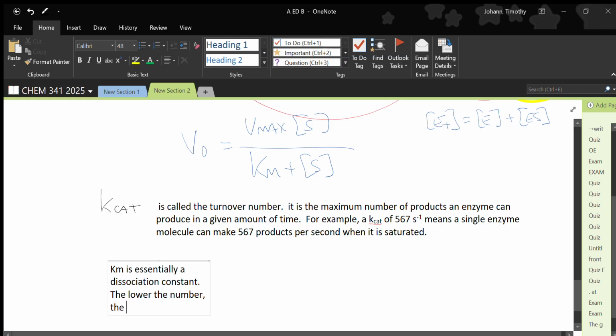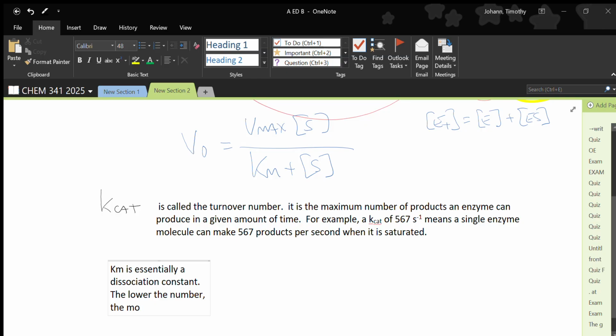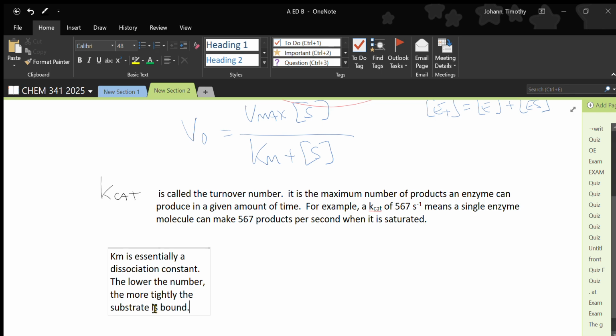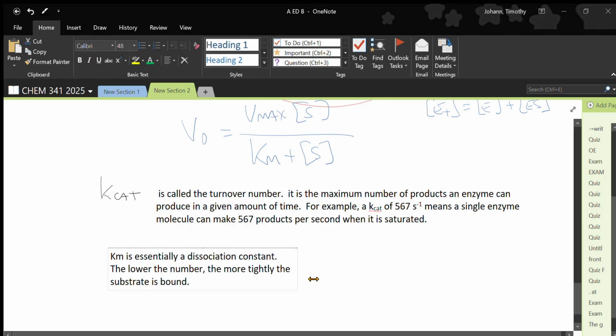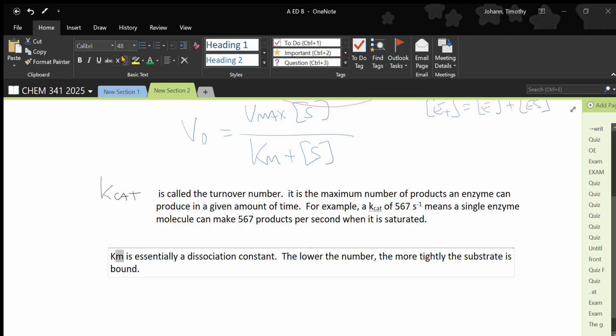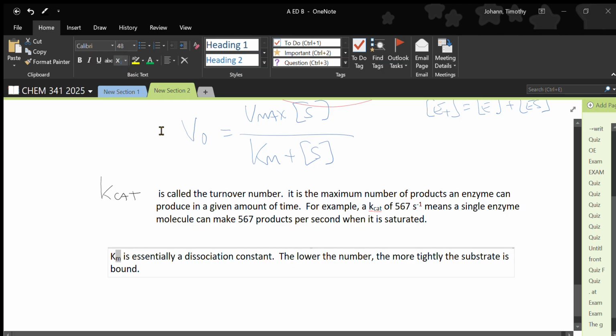Or let's say the more tightly. Questions on those two? They are super important. Okay. Questions on other stuff we covered so far?